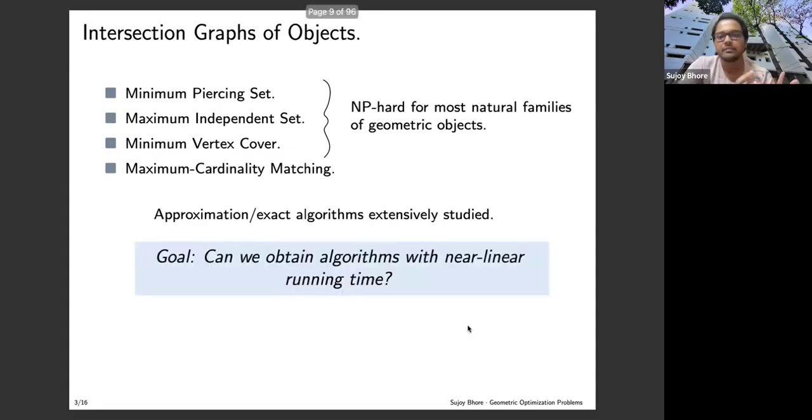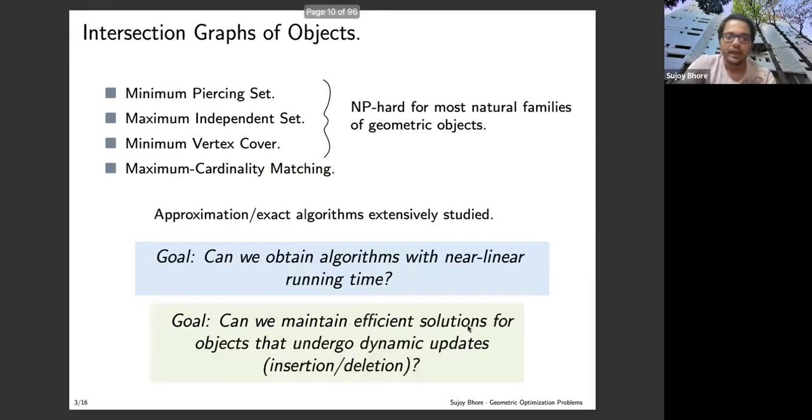The broad theme that we have been interested in, due to the rise of large scale data in different kinds of optimization problems, is: can we design algorithms which run in almost near linear time, near linear in the scale of the input, of course? And more importantly, we are dealing with inputs which are no longer static.